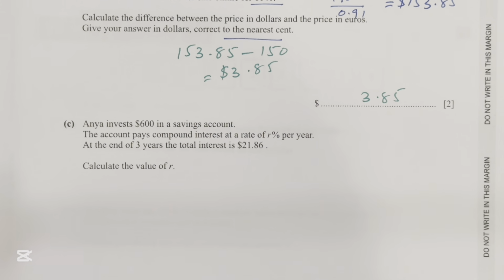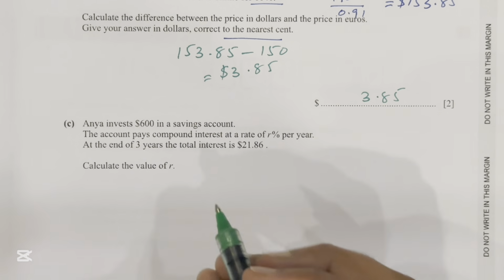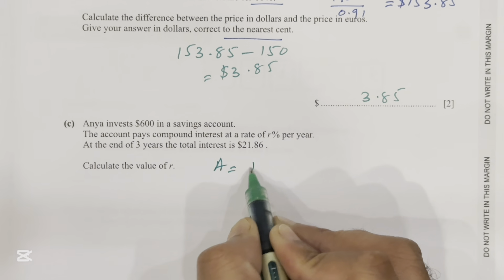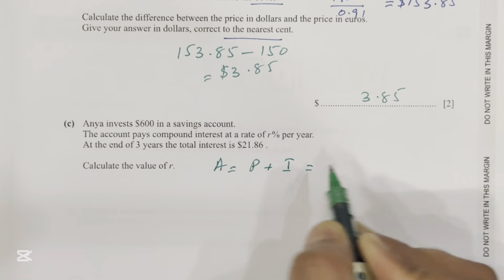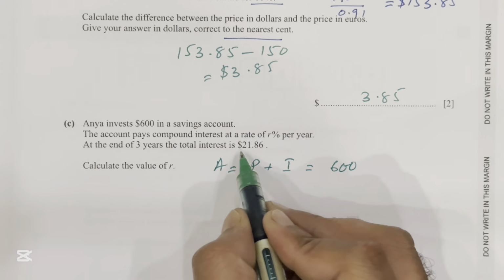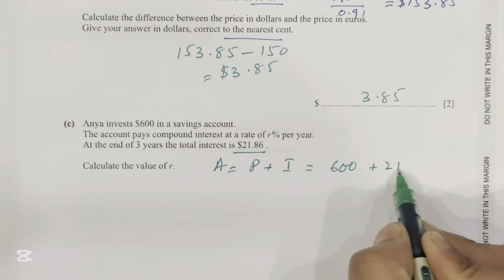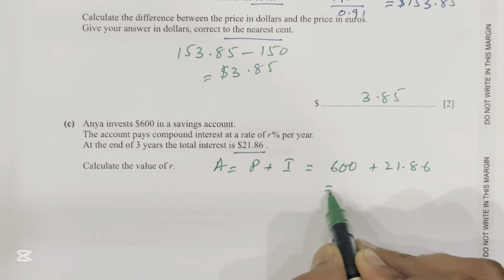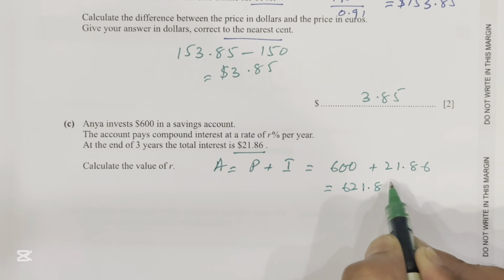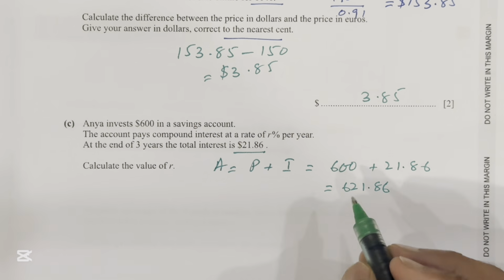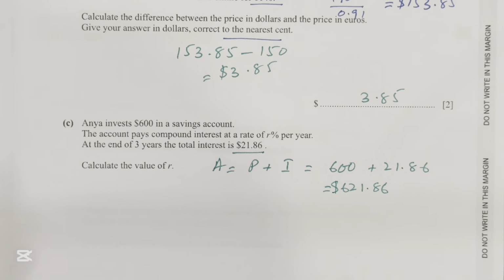Okay, calculate the value of R. Okay, we know that the formula of amount is P plus I, that is equal to 600 plus the interest value, that is 21.86. You get the answer $621.86.